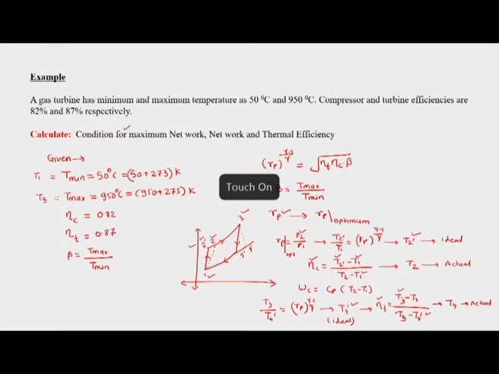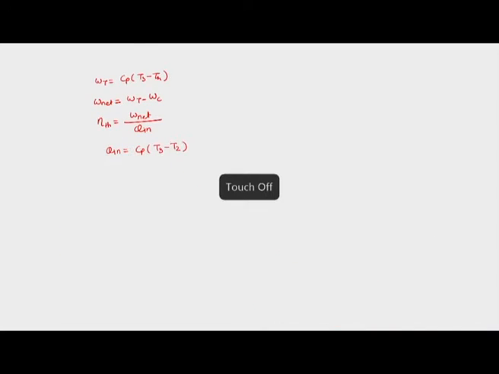So, it is not T2 dash. You can see this is the process of heat addition. Heat is getting added from 2 to 3. So, T3 is known, T2 is known, Cp is known. So, we know Q in. So, knowing the Q in, we can find out thermal efficiency.